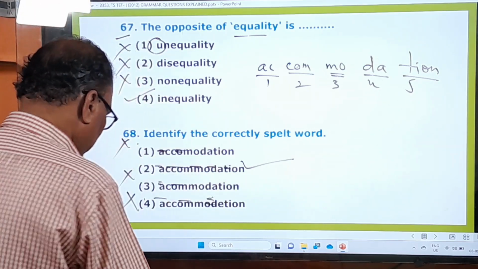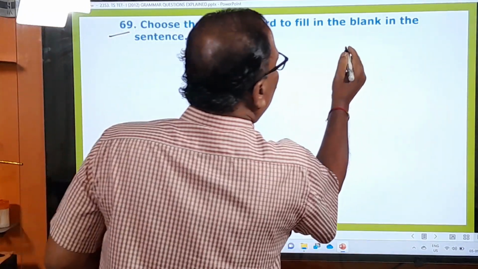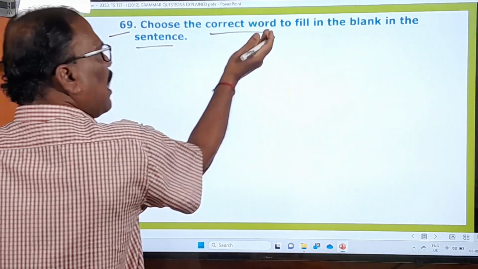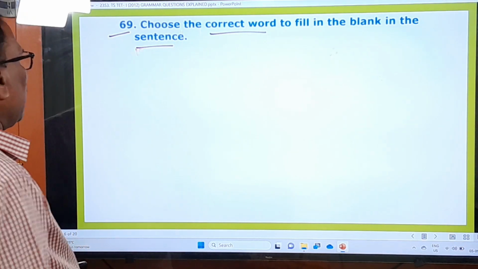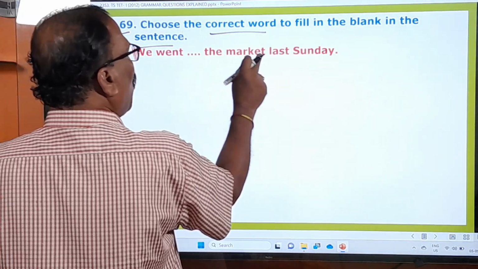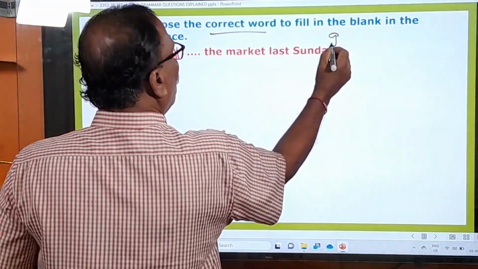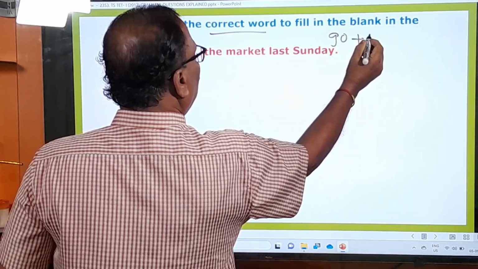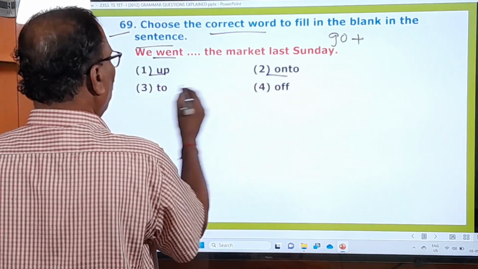Right. 69th one is there. Choose the correct word to fill in the blank in the sentence. Again, he has given you a sentence with a blank: we dash to the market last Sunday. Go, went, gone. So remember, go generally takes after it, let me tell you, up, on, to, off.